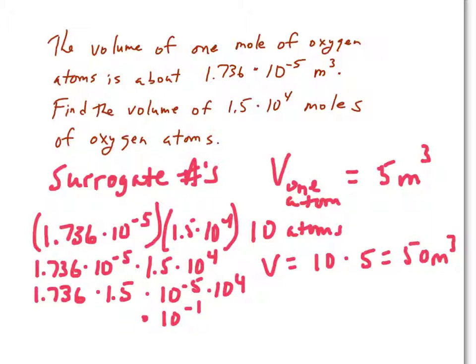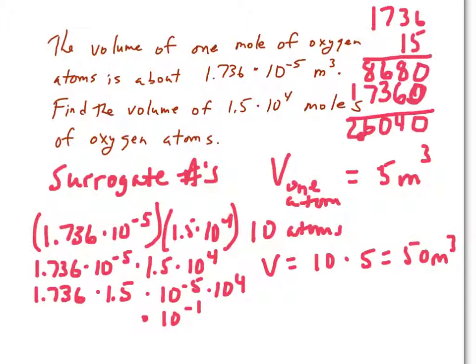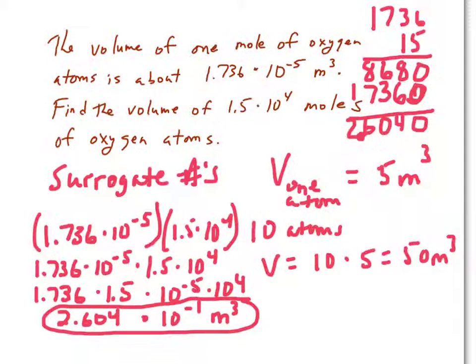I'm going to turn this off for a second and just do that math, and I'll turn it back on and you'll see the result. So I did that up above, and I got that equaled 2.604 times 10 to the negative first cubic meters.